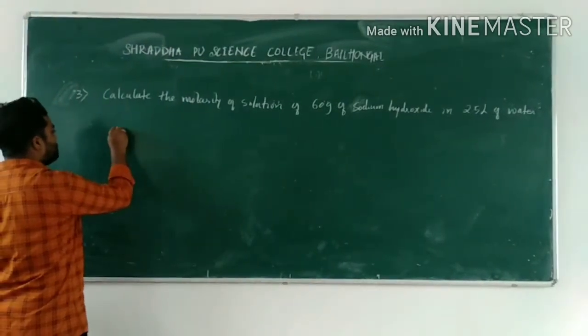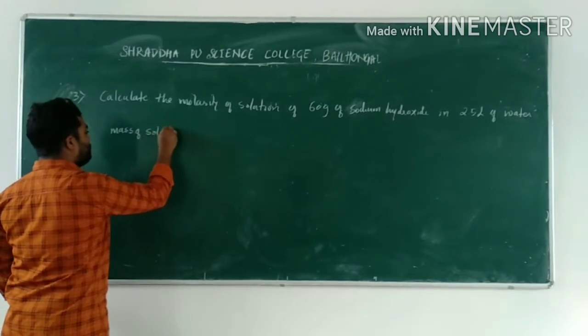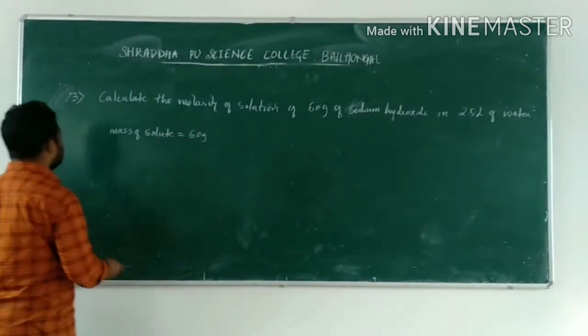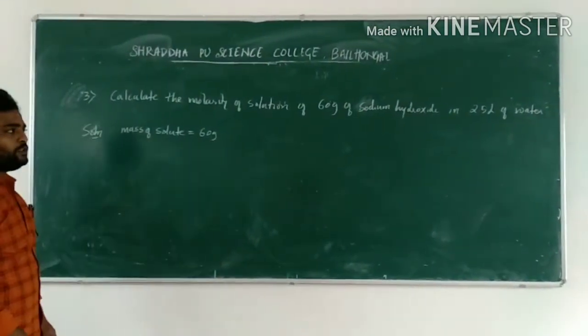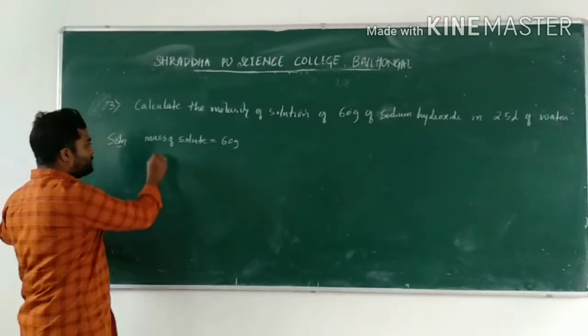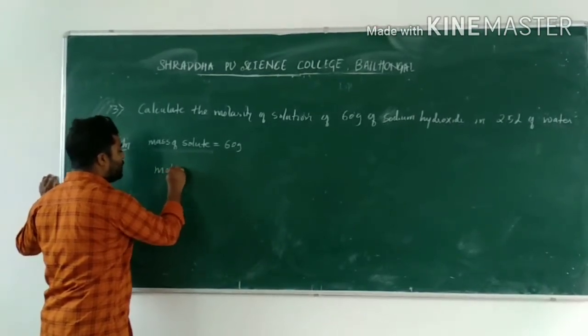Mass of the solute is equal to 60 grams. Then they have given here the volume of the solution is 2.5 liters. So once the mass of the solute is given, then I should calculate its molar mass.